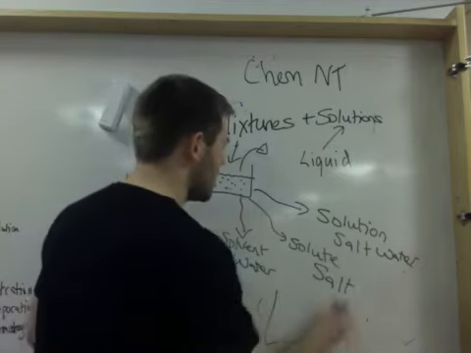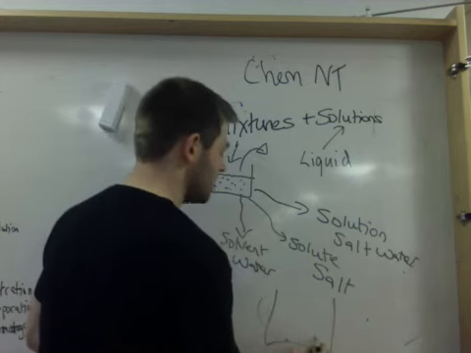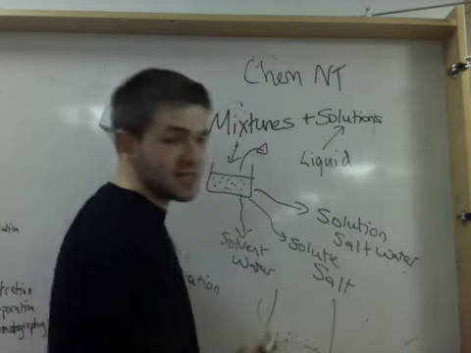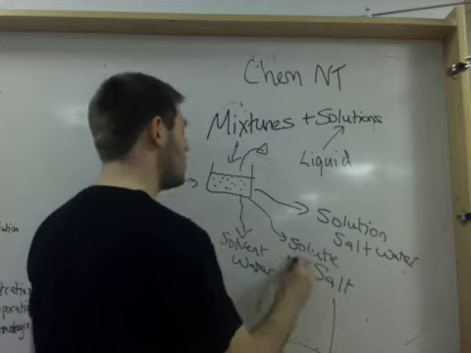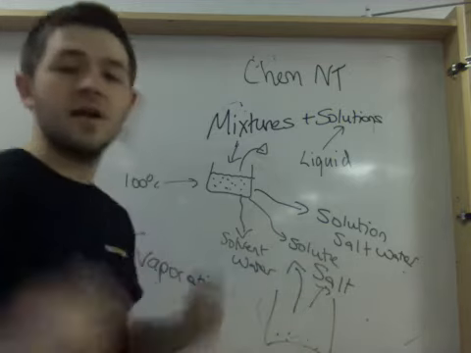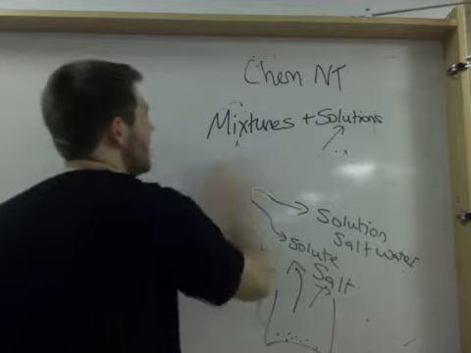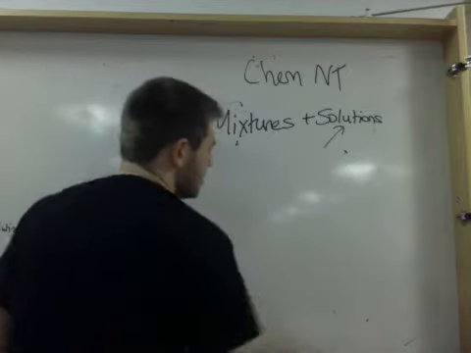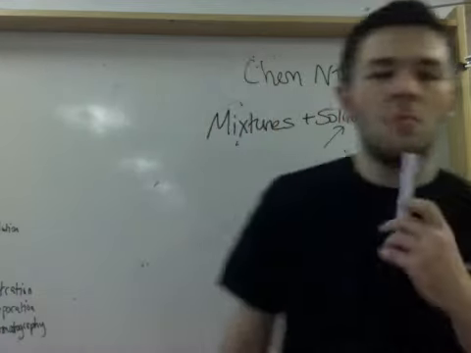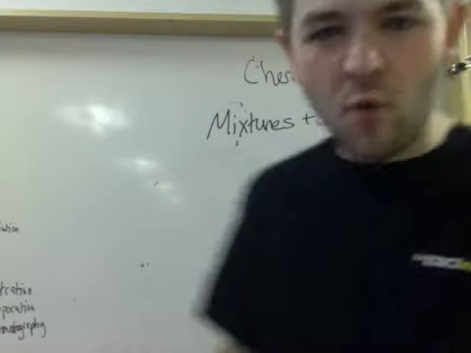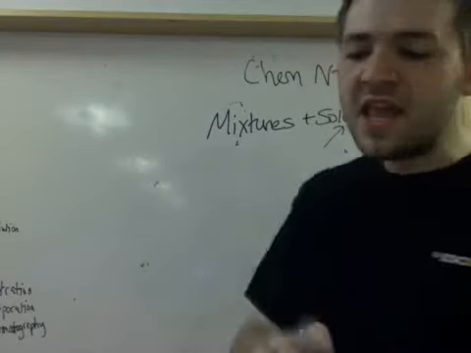That means I could have the salt left here, because the salt is still solid, and all the water has gone out, and I've got my salt back. That usually is the best way to separate things. But if I want to collect that water again, then it'd be a little bit more complicated.